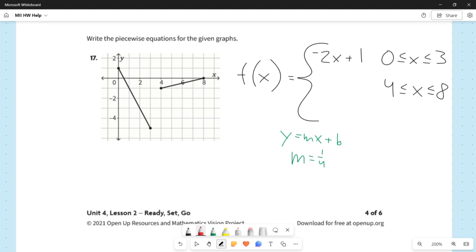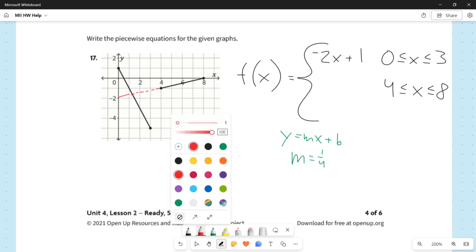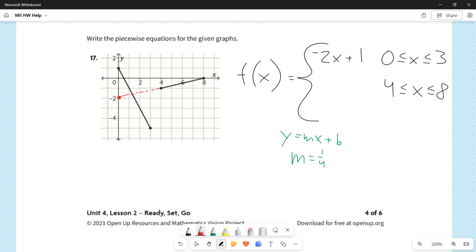So if we were to continue this second piece, drag it to the left, maintaining the same slope and all the same properties, where would this line intercept if it continued? If you apply our slope of 1/4, if you go down 1 unit and to the left 4 units, that puts us right at -2.